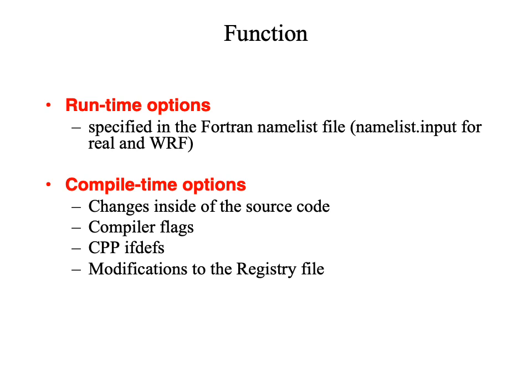They are changes to the compiler flags, for example, changing it from fully optimized to unoptimized, adding in CPP ifdefs, or modifications to the registry file. This last piece will also have a full talk on it, and it's how the WRF model allows users to make changes inside the source code without having to know too much about the whole modeling system.